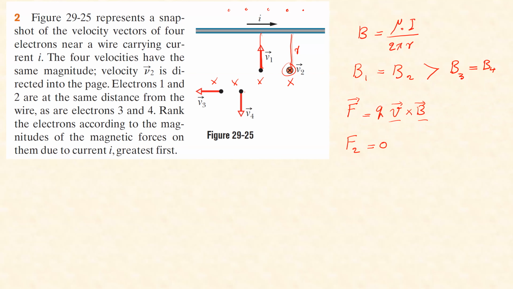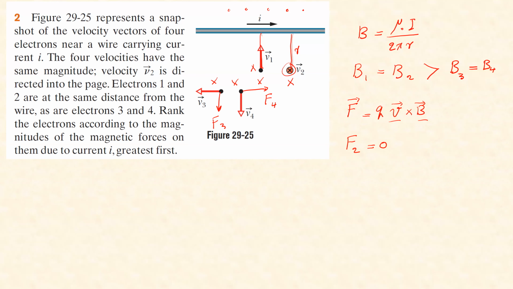And for these 3 and 4, because they are in the perpendicular direction to the magnetic field, you can use your right-hand rule. Say F4 is in this direction, and F3 is in this direction, and F1 is also going this way.